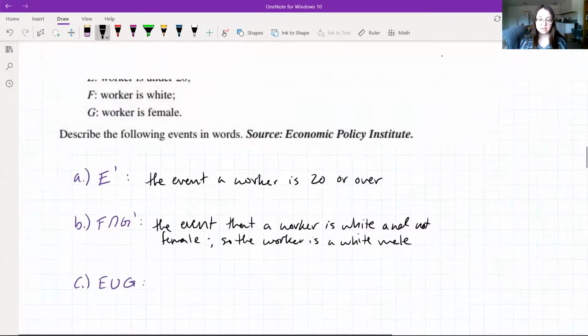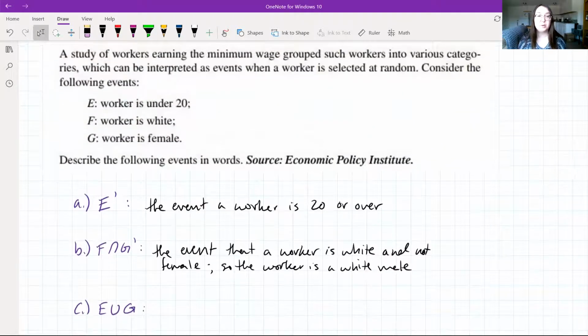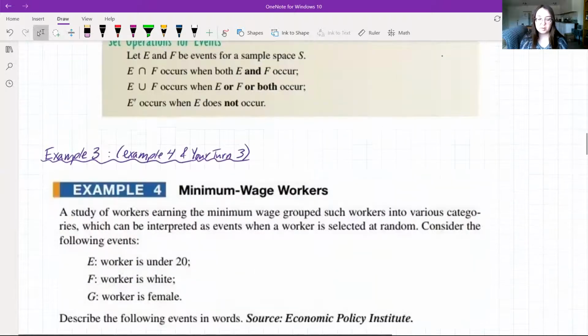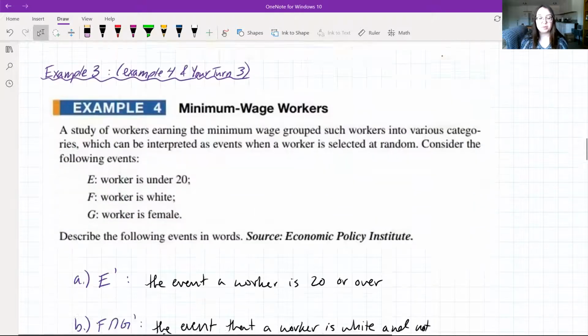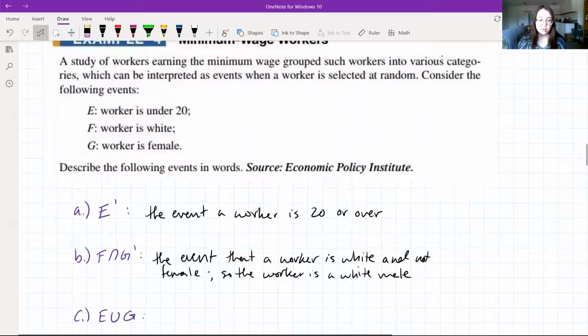All right. So now we have C. We have E union G now. And our union occurs when E or G or both occur. So we know E is the workers under 20. G is the workers that are female.